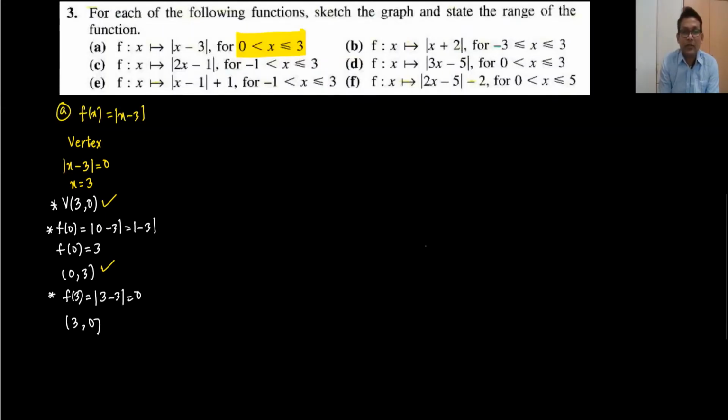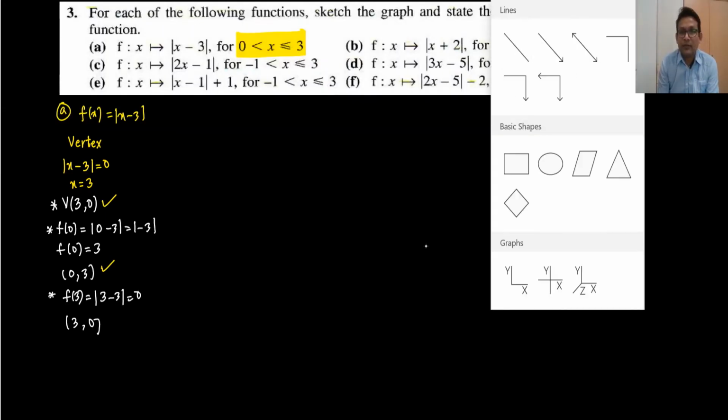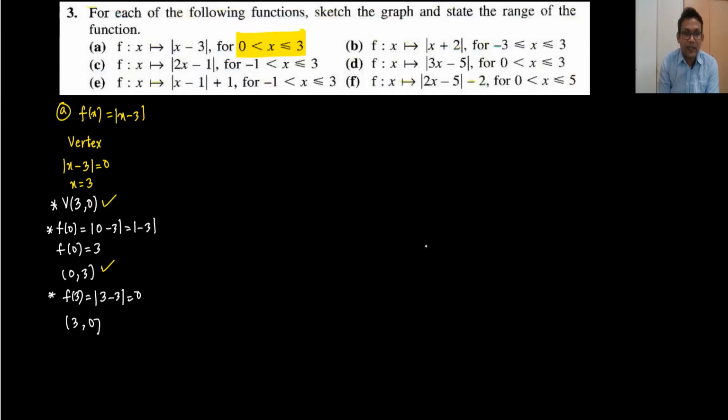When we draw the sketch of this part, it's very simple. We do not need graph paper. For a sketch, we just need a small size. There is no issue. The domain is 0 till 3, so we can have 1, 2, and this here is 3. And this is the y-axis, this is the x-axis. Now, what is the maximum value of y?